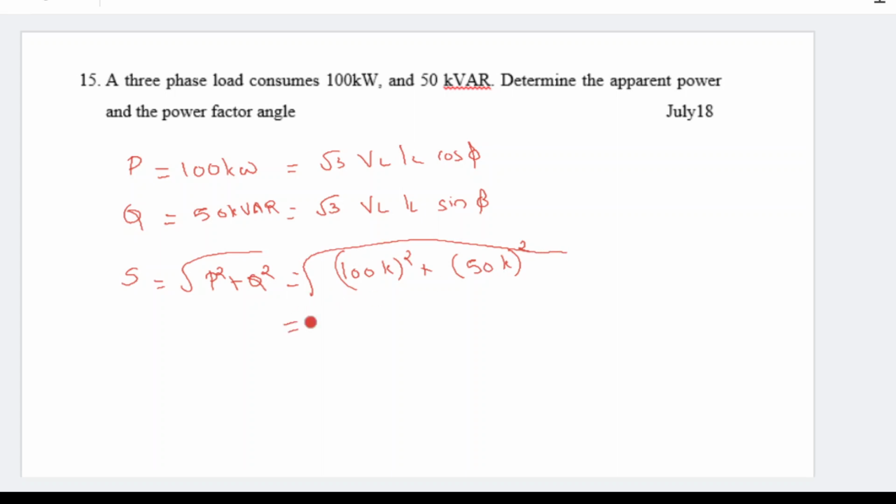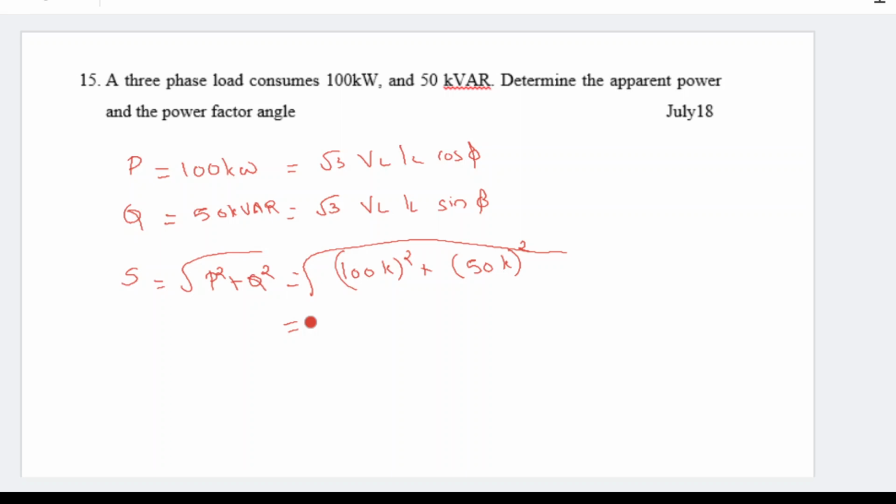Let me check what is the apparent power. That is root of (100 kilo) square plus (50 kilo) square.